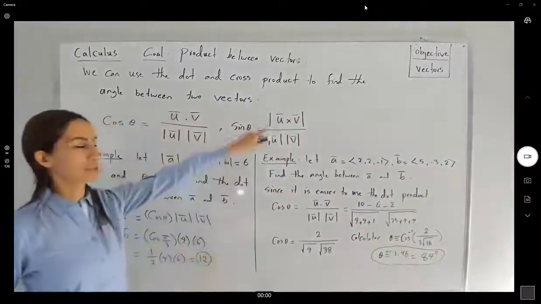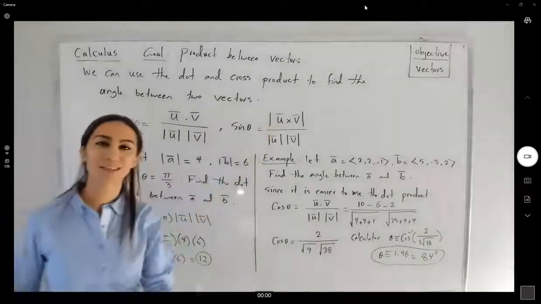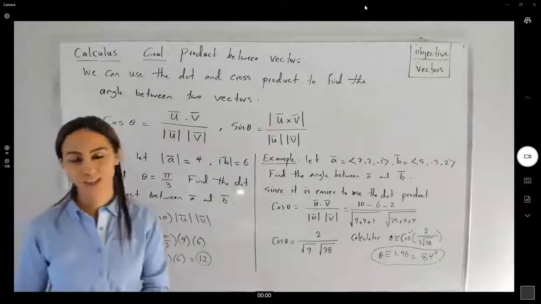Again, note that we can use the cross product between two vectors, but since we calculate the cross product, we have to calculate the determinant. We prefer to use the dot product.